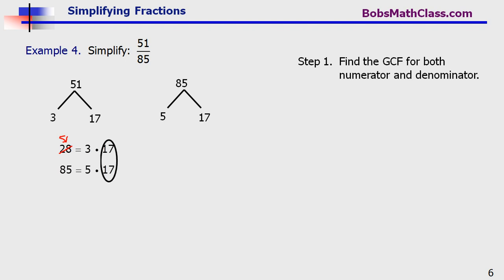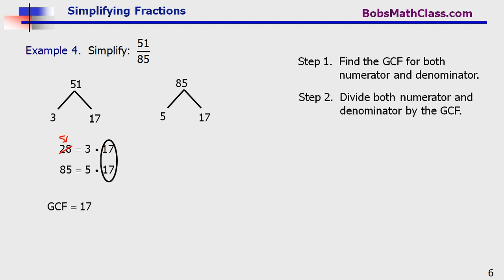The GCF is 17. So now we could divide both numerator and denominator by the GCF, which is 17. See, if we didn't do the prime factorization, would we have found that 17 was a number that goes into evenly? I mean, how many of us know our 17 times tables? How many would have said, oh, it's 17? Do the tree. Do the prime factorization. And then you'll be able to see what number goes in evenly.